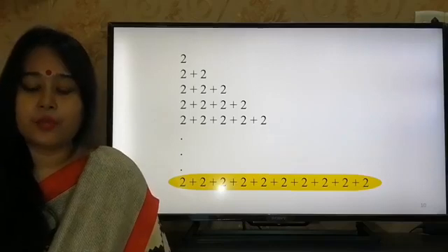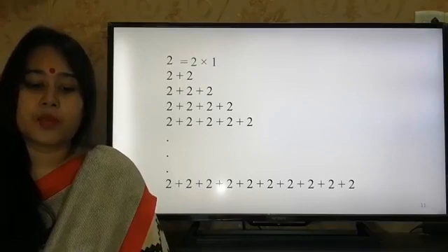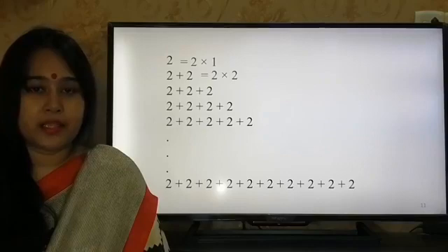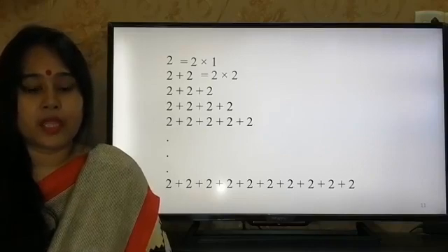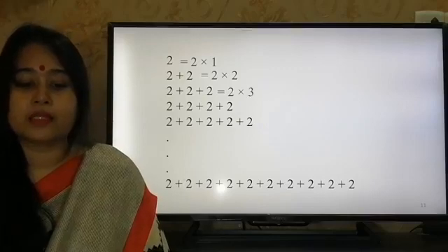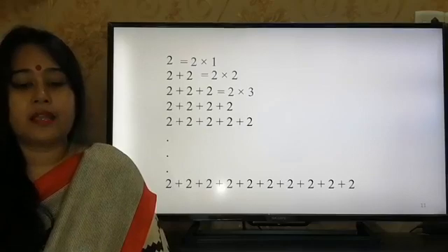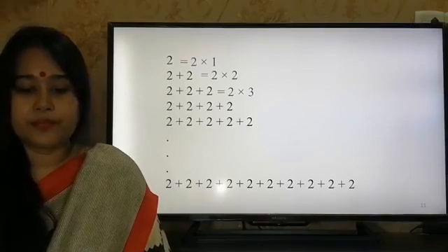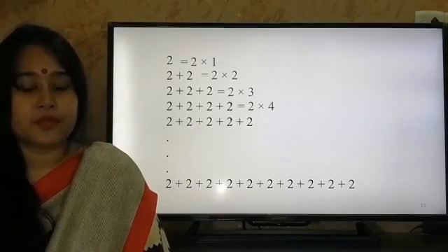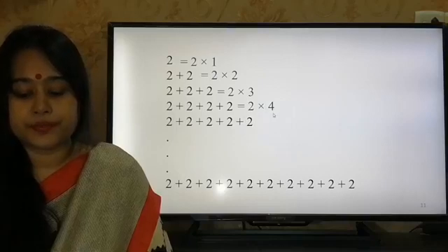Well, what can we do if we want to express this? We can write 2 plus 2 like 2 into 2, and then 2 plus 2 plus 2 we can write like 2 into 3, and then we have 2 added for 4 times, we can write it like 2 into 4.